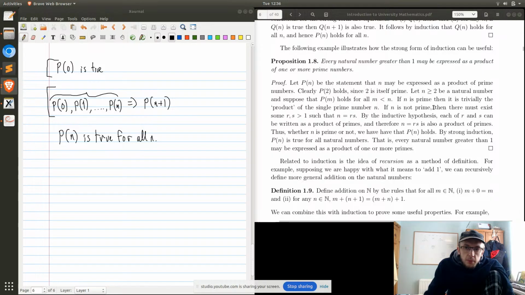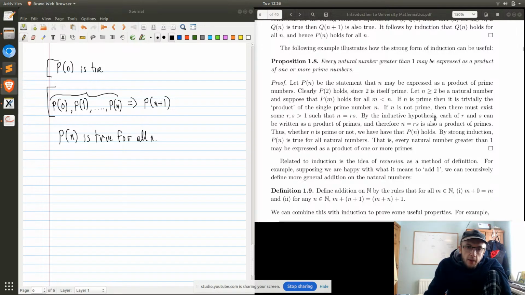And if n is not prime, then there must exist some r and s greater than 1 such that n is equal to rs. Now, by the inductive hypothesis, each of r and s can be written as a product of primes, and therefore n equals rs is also a product of primes.